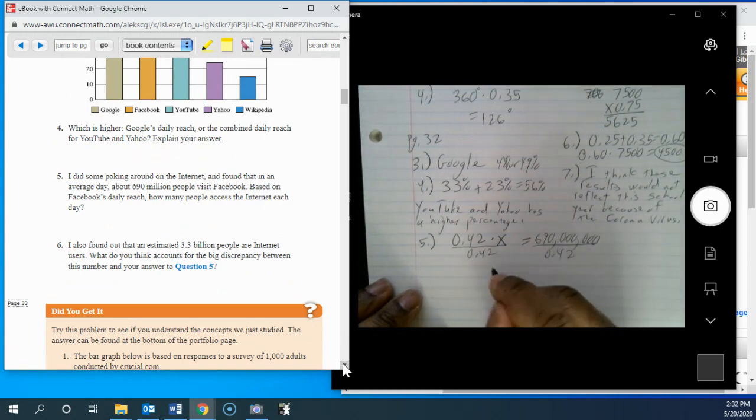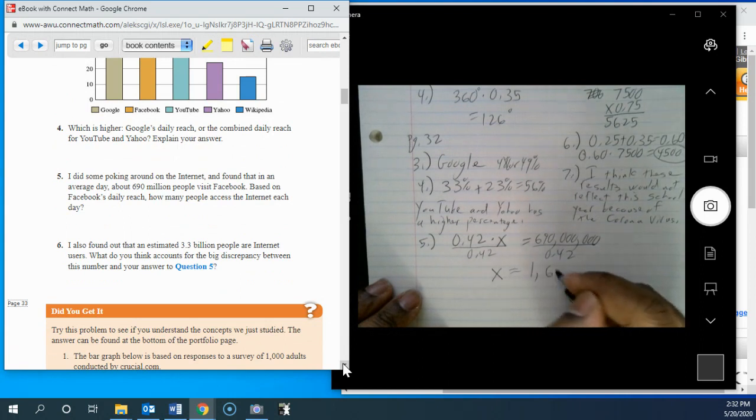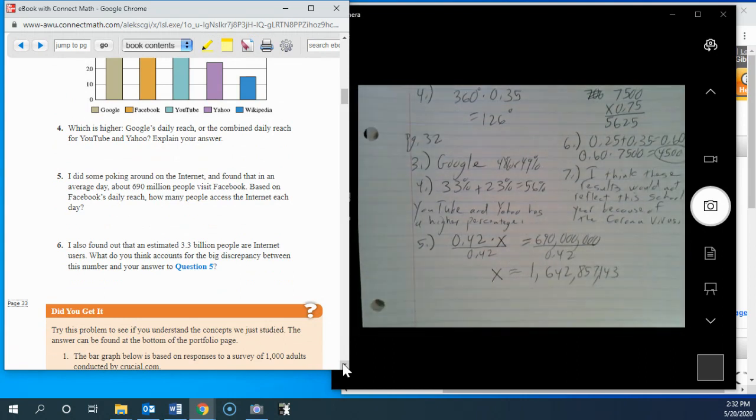And then this would be X, it'd be about 1,642,857,143. That'll be about how many people log into the internet each day.